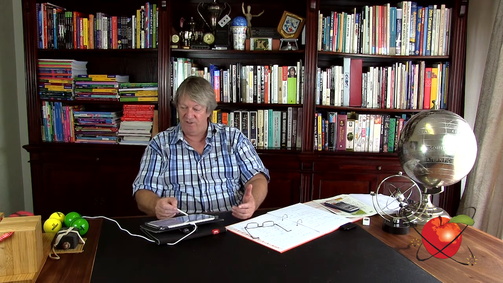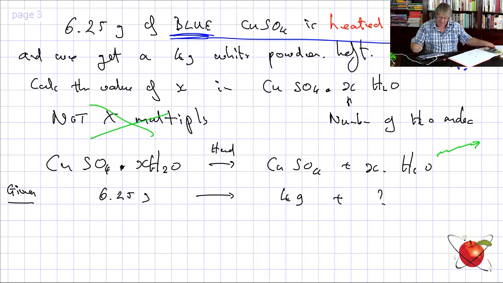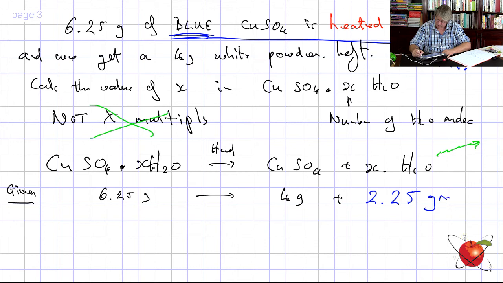That must add up to that. Otherwise, where did it come from? It came from the surface of this. It was stuck on the outside. So can we now work out what the mass of water was? Yes, we can. The mass of the water must be 2.25 grams, because that plus that must be 6.25.